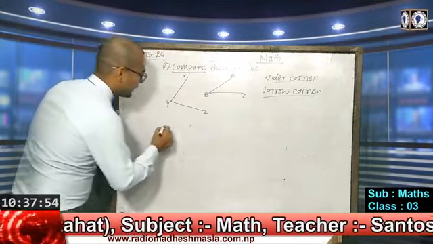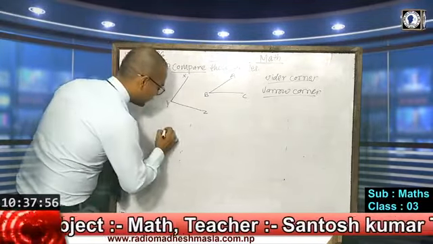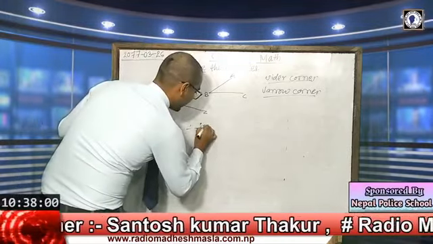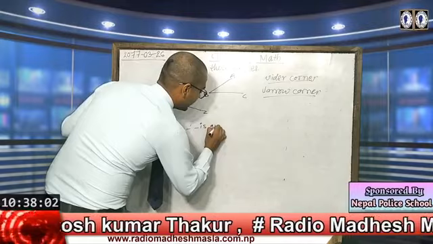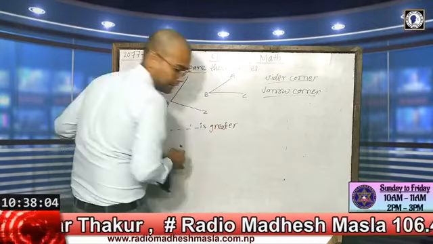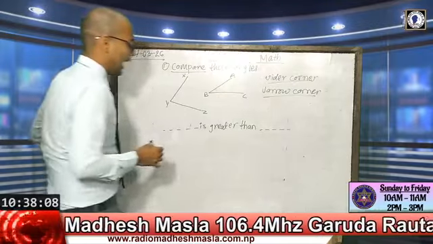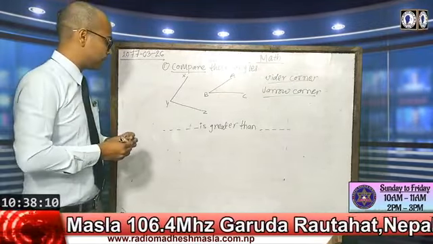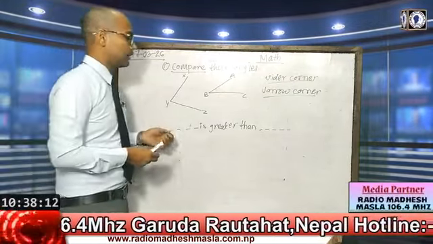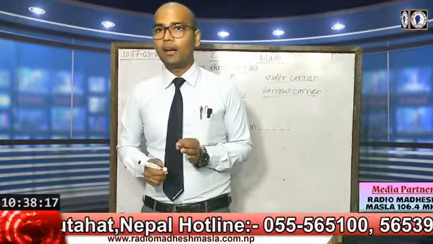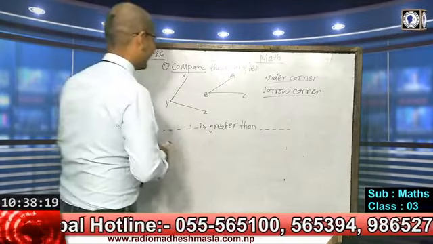Suppose the question is given like this: dot dot dot dot is greater than dot dot dot dot. At the blank space, we should fill in the name of an angle.